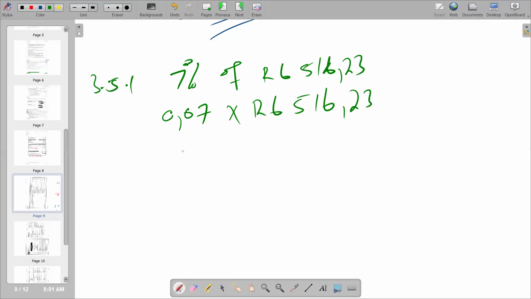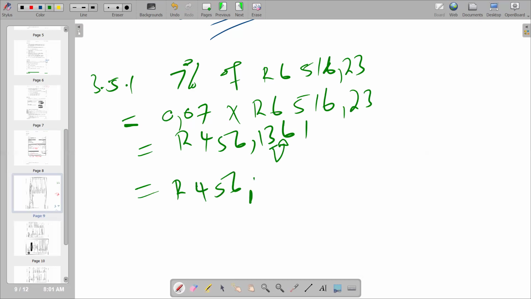So I see that the answer that you're supposed to get there will be now 456.1361. And of course, we have to round it off to two decimal places, whereby we put 6, which is in the range 5 to 9, and we change our 3 to 4. It becomes 456.14, which is we're saying 456 rands 14 cents.